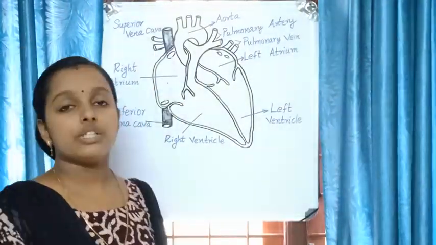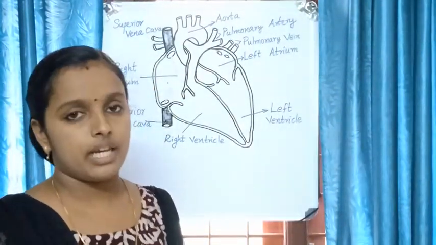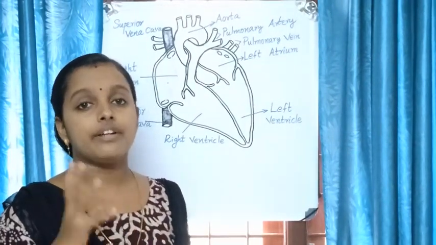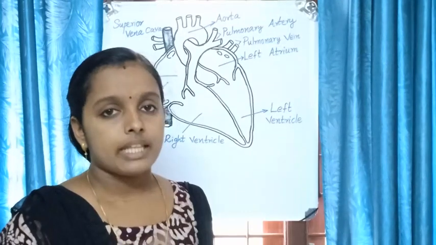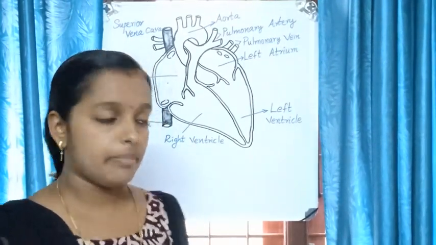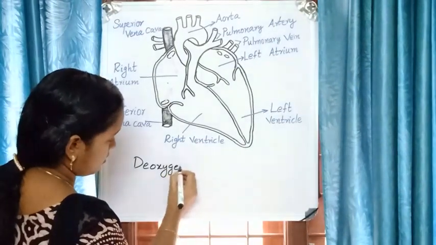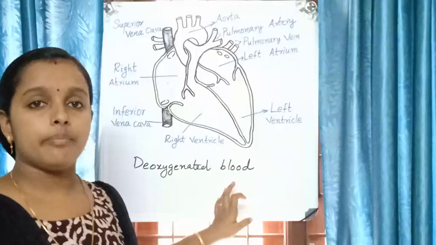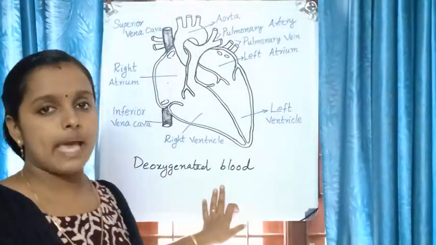So the right atrium consists of carbon dioxide rich blood. That blood we can call deoxygenated blood. Deoxygenated blood means oxygen is absent.